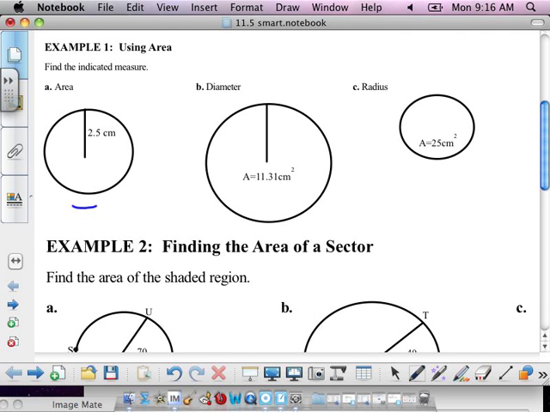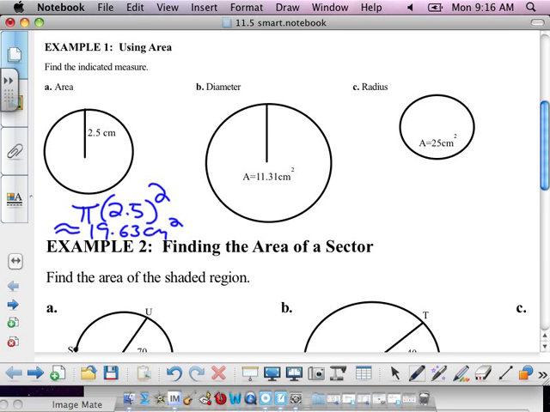So we're going to use pi times 2.5 squared, times pi gives us approximately 19.63 centimeters squared. Pretty simple. You've probably been doing that since, like, 7th grade.